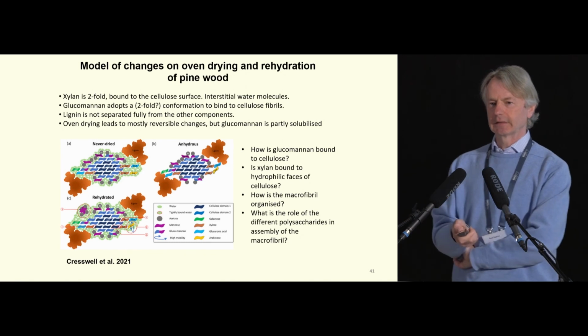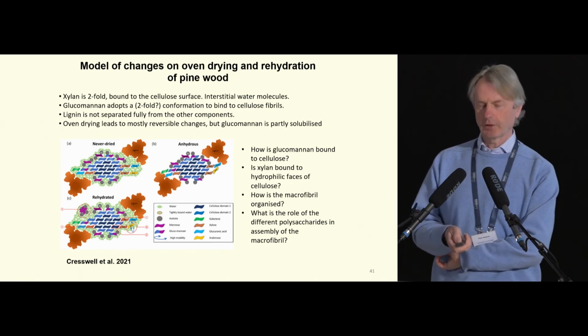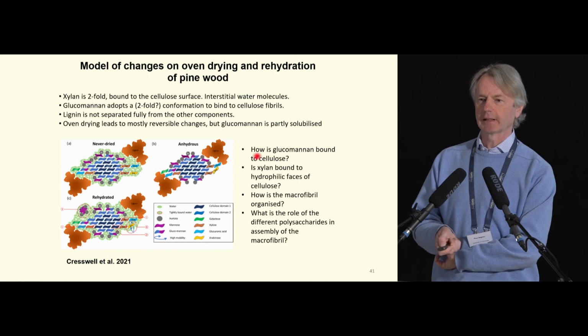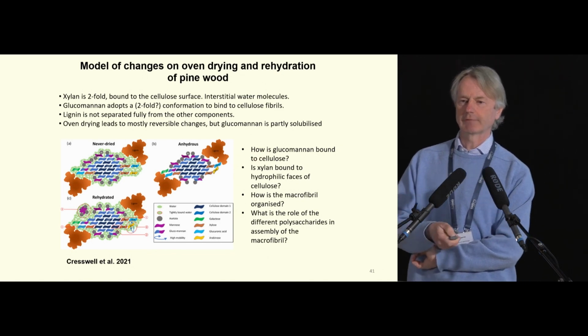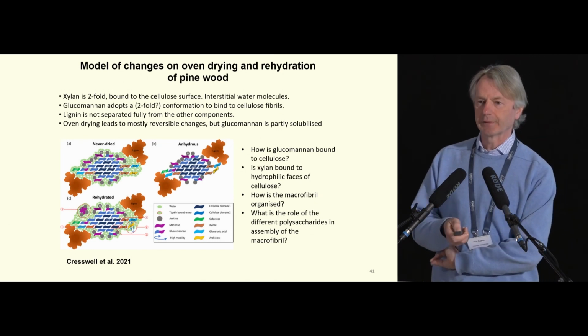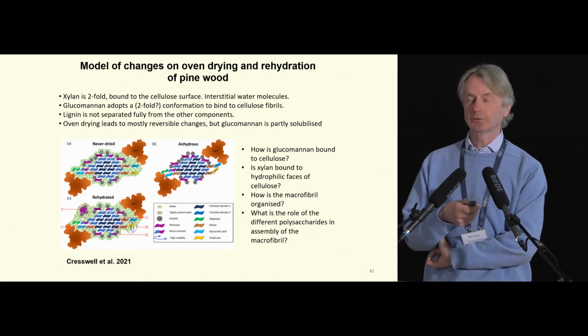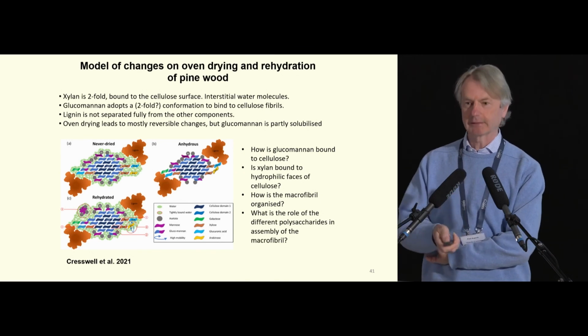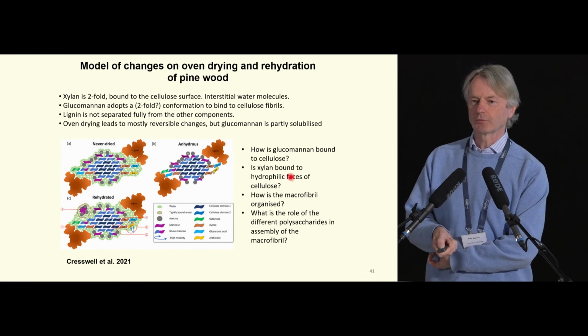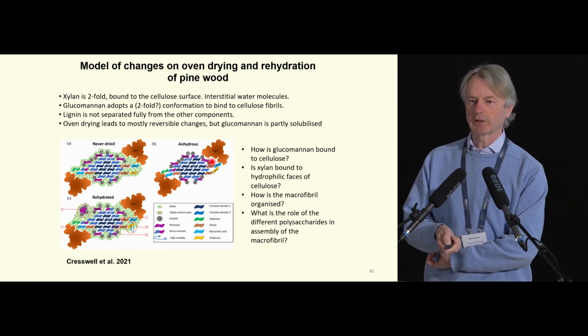So this leads to quite a lot of ongoing questions, though, because we still don't know how the glucomannan is bound to cellulose. We don't have a good model for that. And that is something that we are going to be working on in a new ERC-funded project in the next 5 years. We're interested still to resolve the question, is xylan really bound to the hydrophilic faces, as I show here in this model?